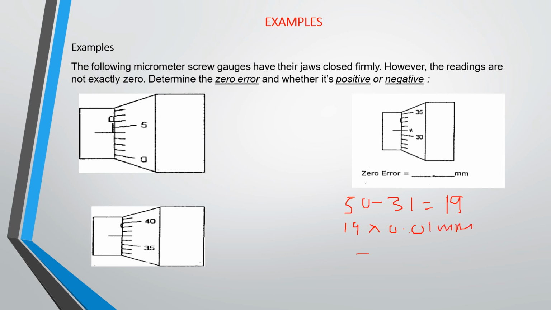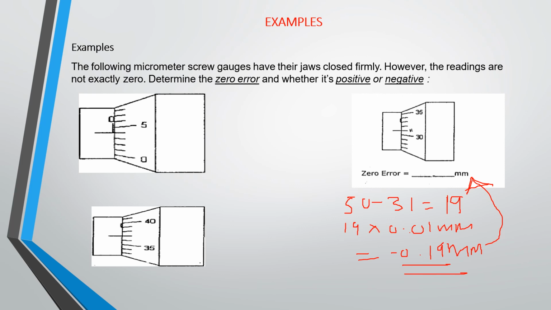So that gives you 0.19 millimeters, and this is negative. So this gives you the zero error for this particular scale reading. So guys, that's how to find the zero error for a micrometer screw gauge.